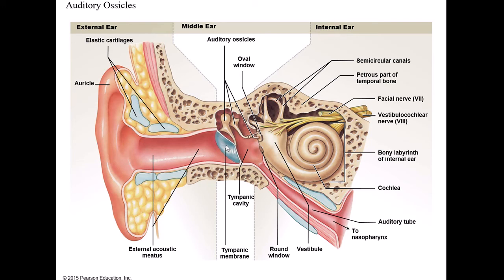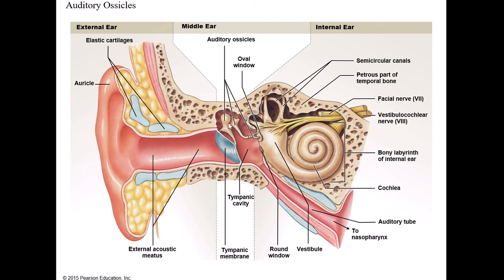So I just want you to notice there's three bones. One, two, and this little guy over here, three, are the auditory ossicles. As the eardrum moves, say back and forth like this from sound waves, these three bones move and they tap on this snail looking structure here called the cochlea. This is where our receptors are for hearing.